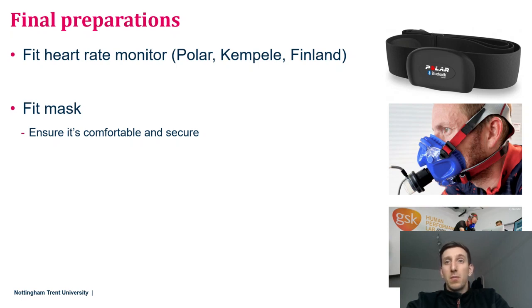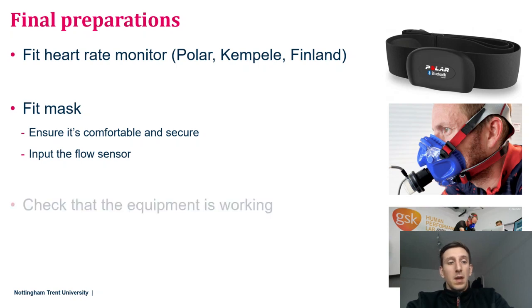And then we need to make sure that the straps are adjusted properly so that the mask is fitted comfortably to our participant and securely as well. And then the final thing we need to do is input the flow sensor into the mask. And then once we've done that and we've made sure our participant is comfortable, we've checked that all the equipment is working, we are ready to begin the test.